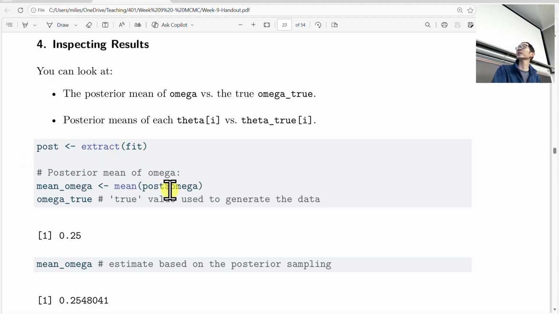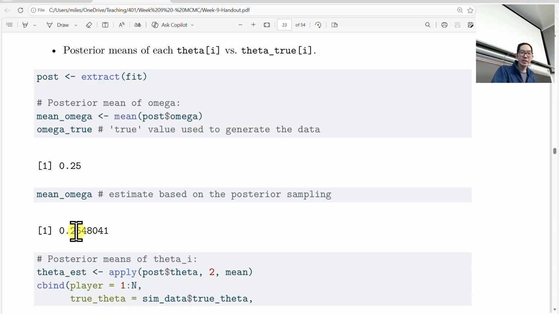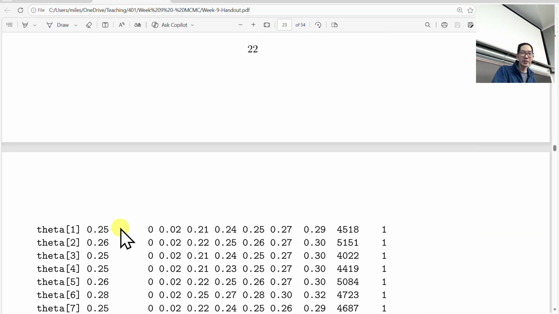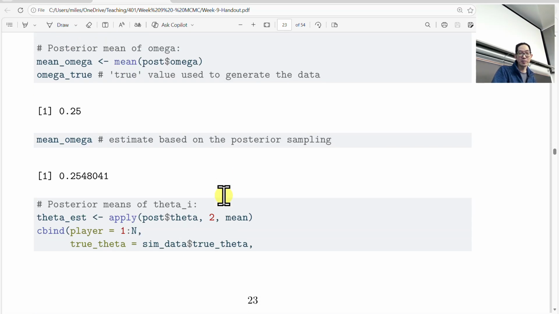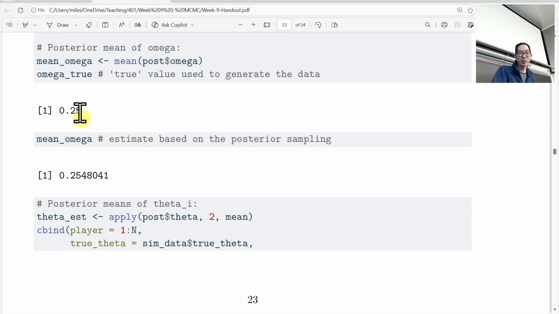And I could say, hey, what's the actual posterior value? And it's 0.2548. So this truncated or rounded things off, but the mean is 0.2548, and there's a little bit of spread, but it's kind of close between the true value used to generate the data and the value we get from our posterior.